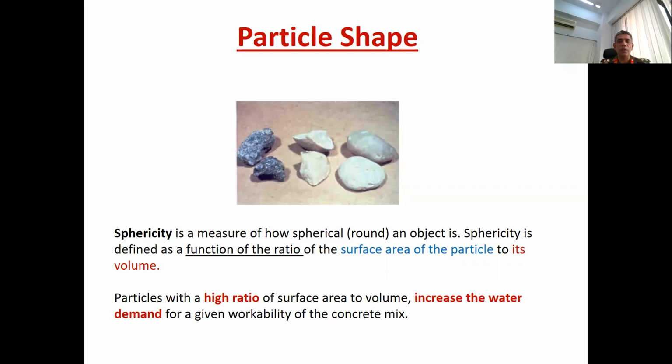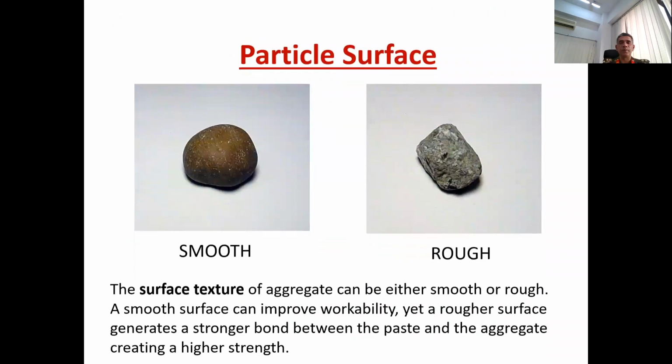A high ratio of surface area to volume indicates increased water demand for a given workability of the concrete mix. What is workability? Workability means how easily the concrete can be mixed. So a high ratio of surface area means it will require more water to get a workable concrete mix.